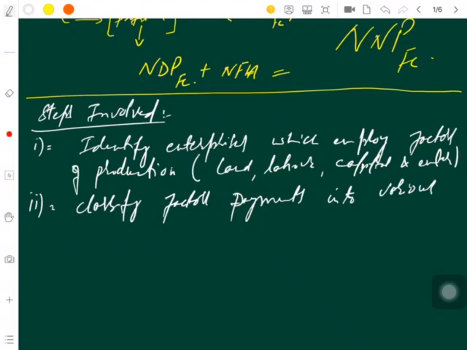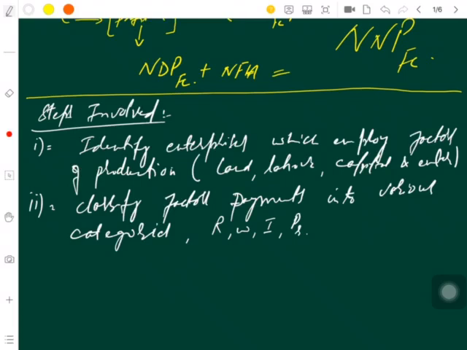Now you know what the factors of production are, what the factor payments are. So you can now categorize these factor payments into what exactly? Rent, wages, interest, and profit.